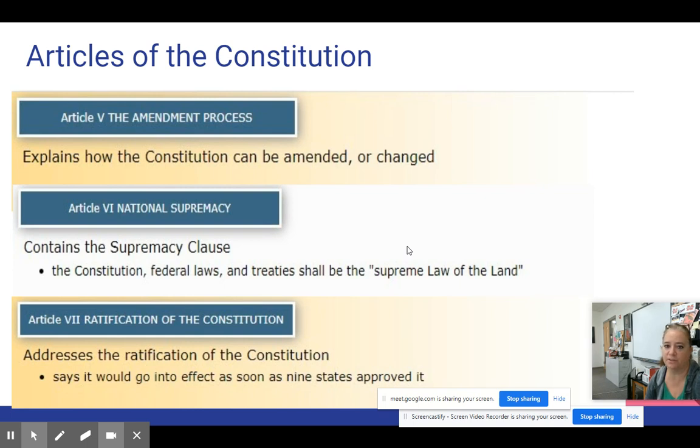So your freedom of speech, your freedom of the press, your right to petition, looking at your right to bear arms, your Miranda rights. So if you get arrested, what has to be done in order for you to even be arrested and put in jail before your court even happens? So the Supremacy Clause says that no matter what laws happen across the nation, they have to fit under the Constitution of the United States.